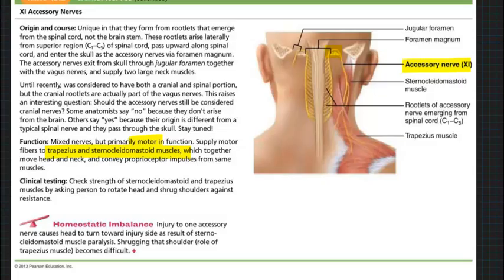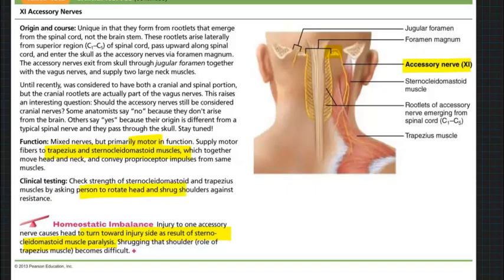Trapezius and sternocleidomastoid muscles. So, turning, moving head and neck. The damage on one side makes the head turn to that side and the shoulder is dropping. Oh, that's why people be doing this. Like they can't move. Depends, because sometimes it's just some kind of a bone issue.